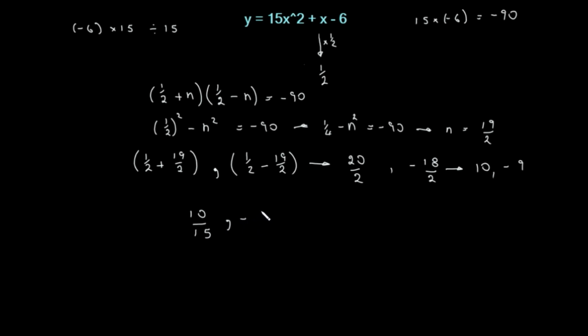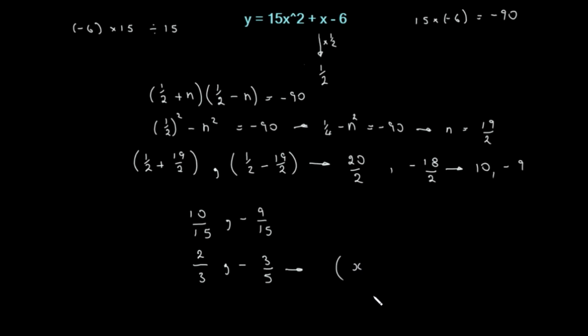The other number is 9 divided by 15. These can simplify. Now 5 will go into both those, so that becomes 2 over 3. And this one, 3 will go into both those, 3 over 5.